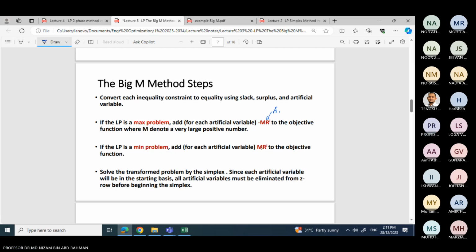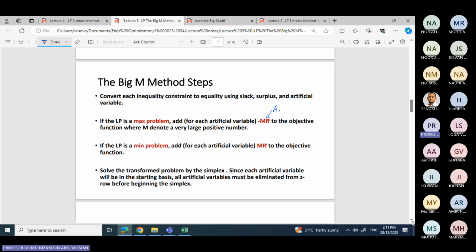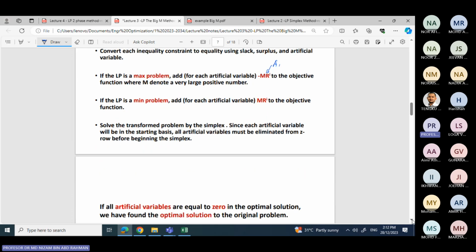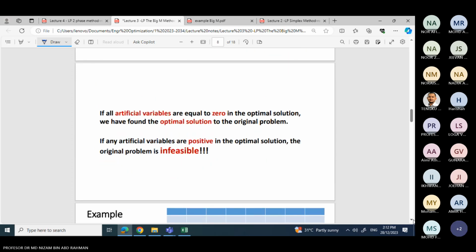Now let's look in detail at how to execute the big M method. Also, as I explained yesterday, if all the artificial variables are equal to 0 in the optimal solution, then we have found the optimal solution to the original problem.